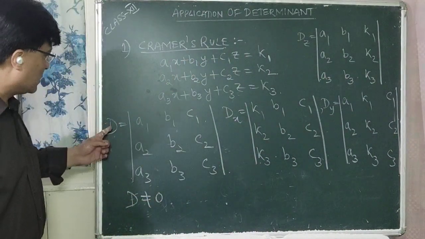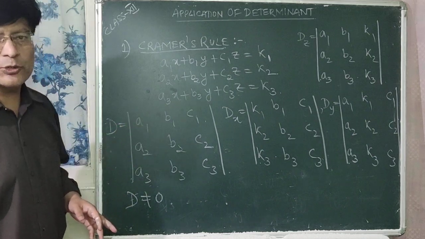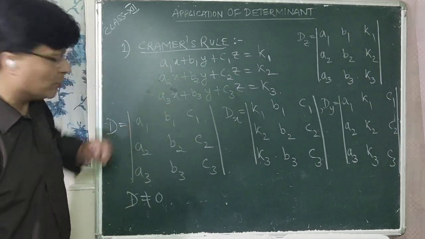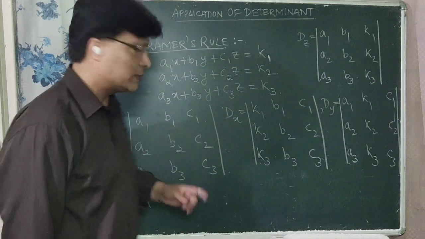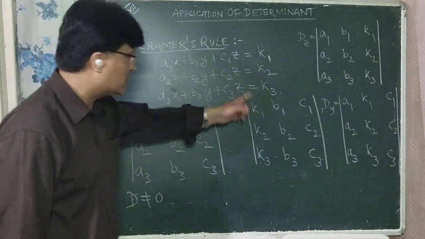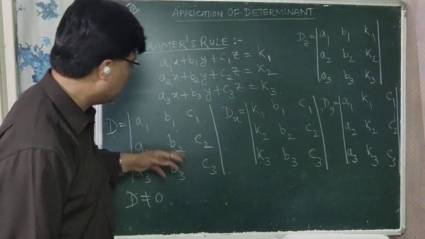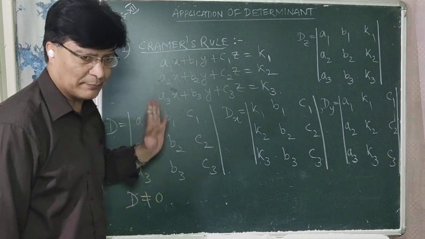So these are the coefficients of x, y and z from the three equations, that is 1, 2 and 3. In dx, only the first column, that is a1, a2, a3, is replaced by what? The constants k1, k2 and k3, keeping the second column the same and the third column the same, right?